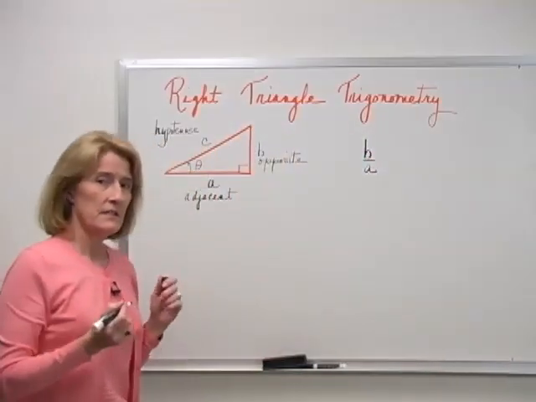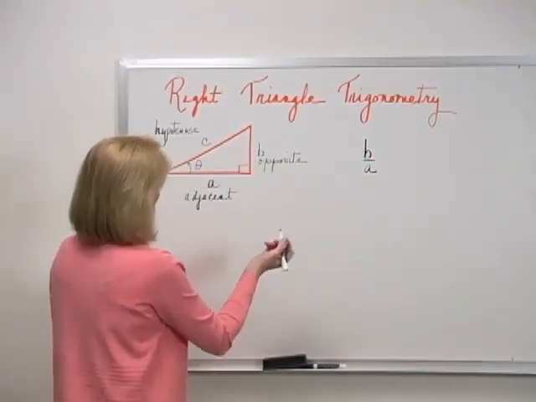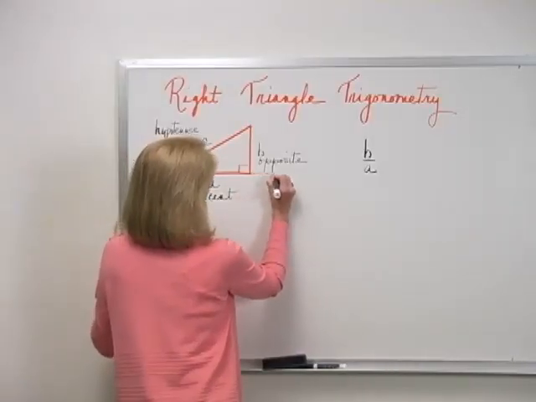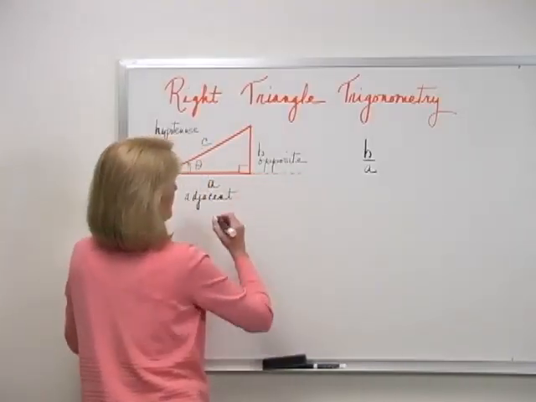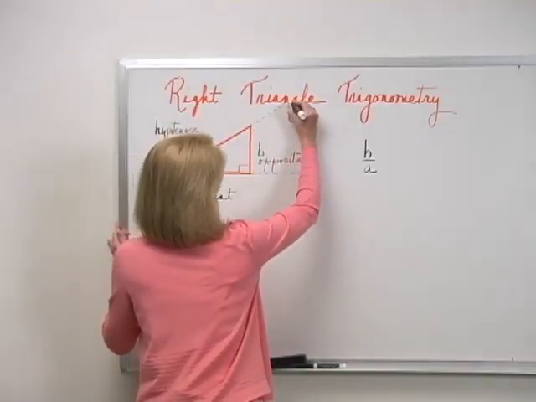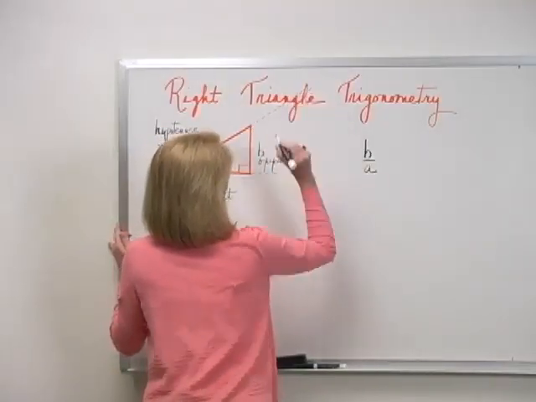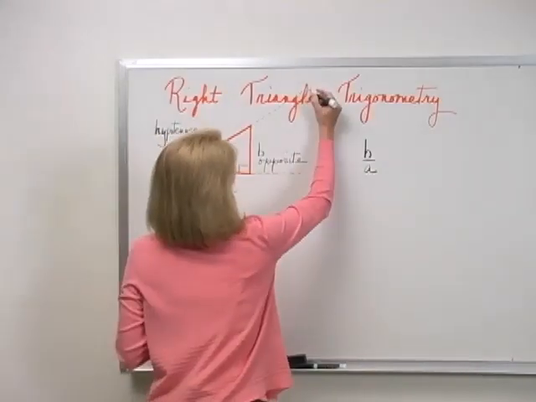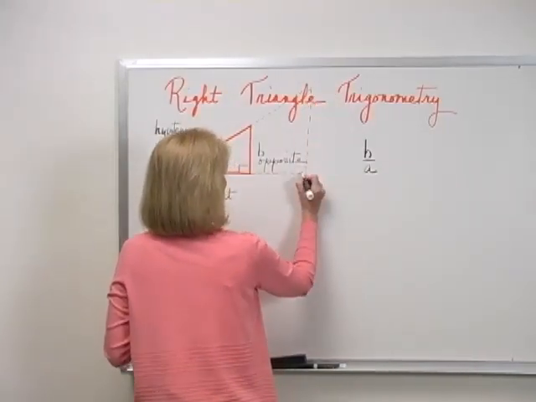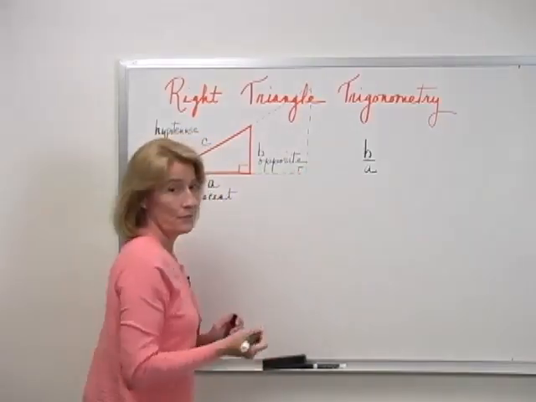Now, here's the interesting property. If we extend this side and we extend this side, even if it goes through the words, and then we close out the right triangle, we see something interesting.